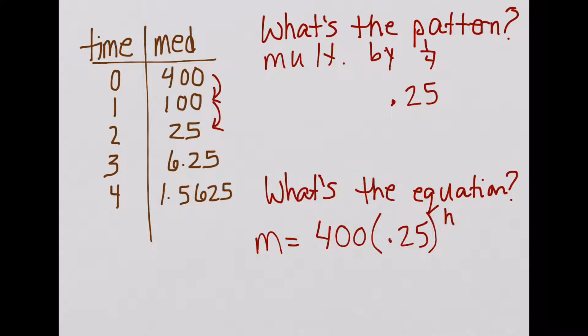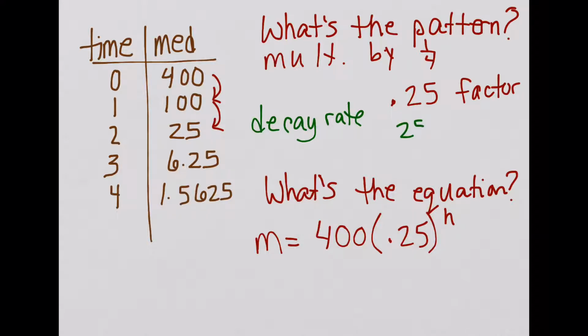Now, I know this part is not on your classwork, but just to practice, let's say that our decay factor is 0.25, let's find the decay rate. If the factor is 0.25, then to find the decay rate, we are going to multiply that by 100 to turn it into a percent.